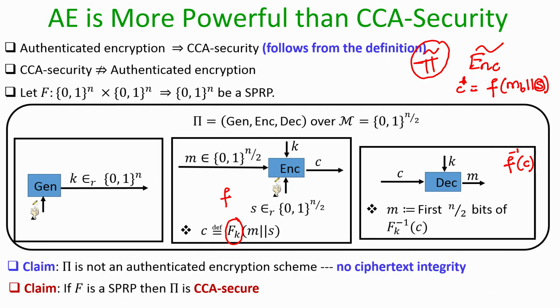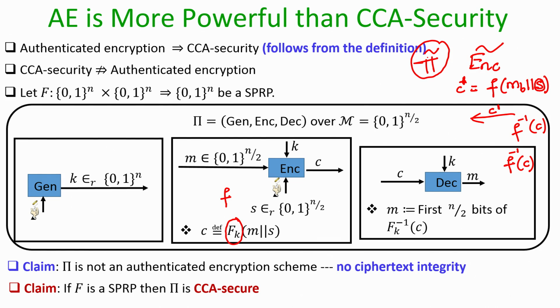Namely, through the decryption oracle query, for example, the adversary asks for the decryption of a ciphertext C dash, then through the decryption of C dash, basically the adversary is learning the value of the inverse of the truly random function on C dash. But as per the rule of the CCA game, the adversary is not allowed to ask for the decryption of C dash being equal to C star, so through the decryption oracle queries, the adversary is not going to learn the value of the randomness S which has been used to prepare the challenge ciphertext C star. So that means we can prove that with very high probability this alternate scheme pi tilde will be CCA secure.